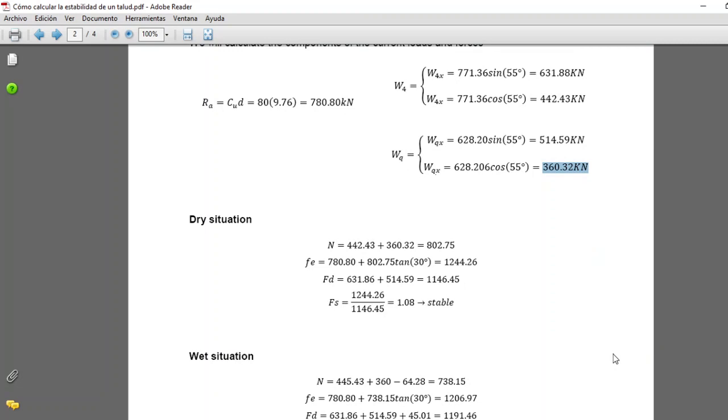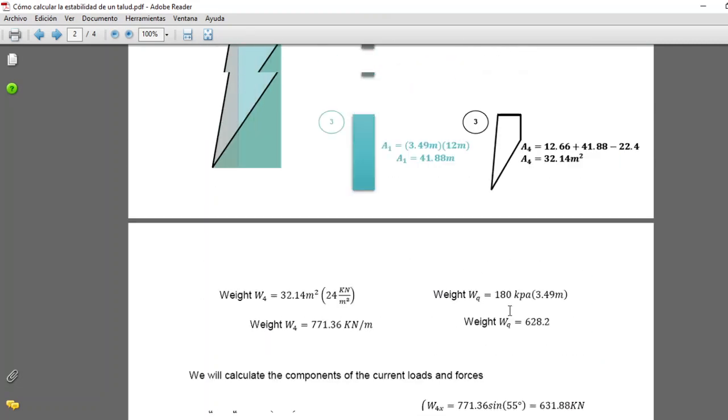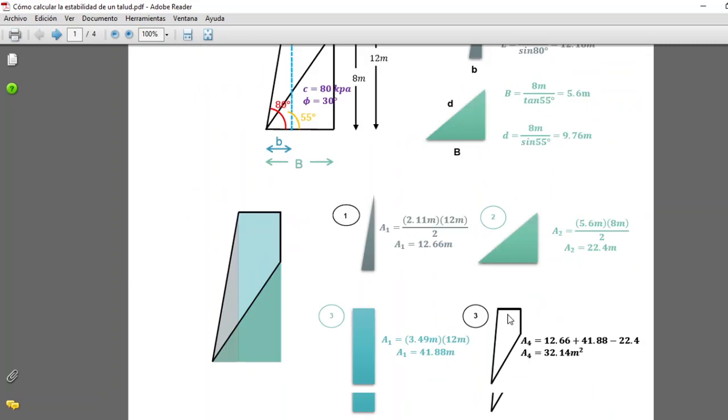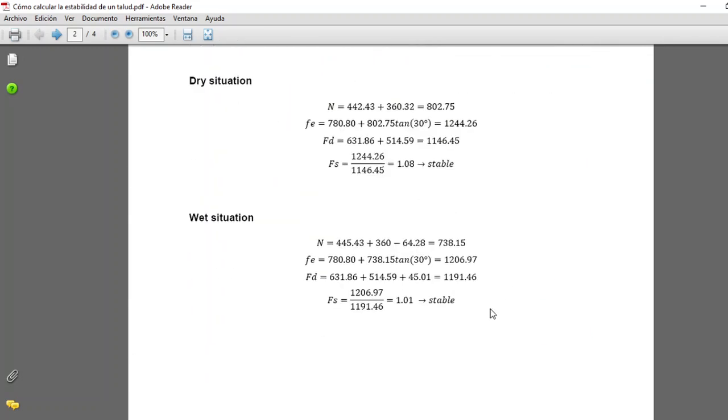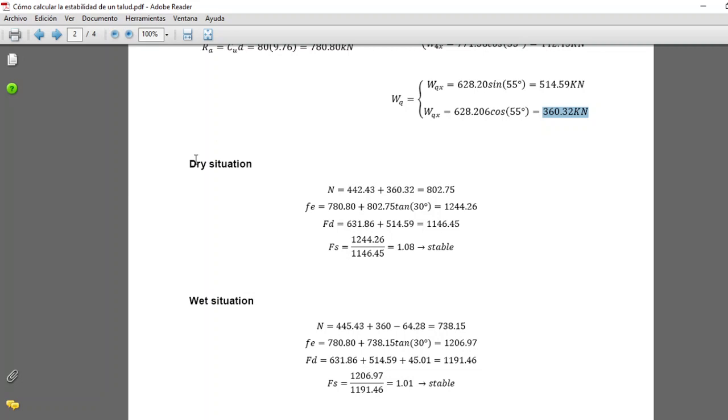Okay, now for this problem, we need to know what is the safety factor when we have a dirty situation and when we have a wet situation. For the first case, we need to calculate these parameters, FD and FS, that is the safety factor.